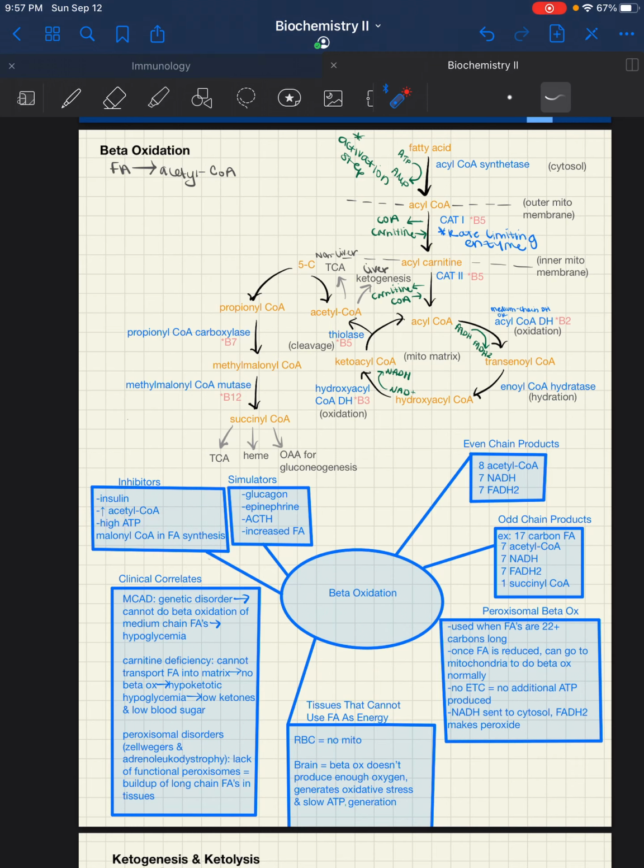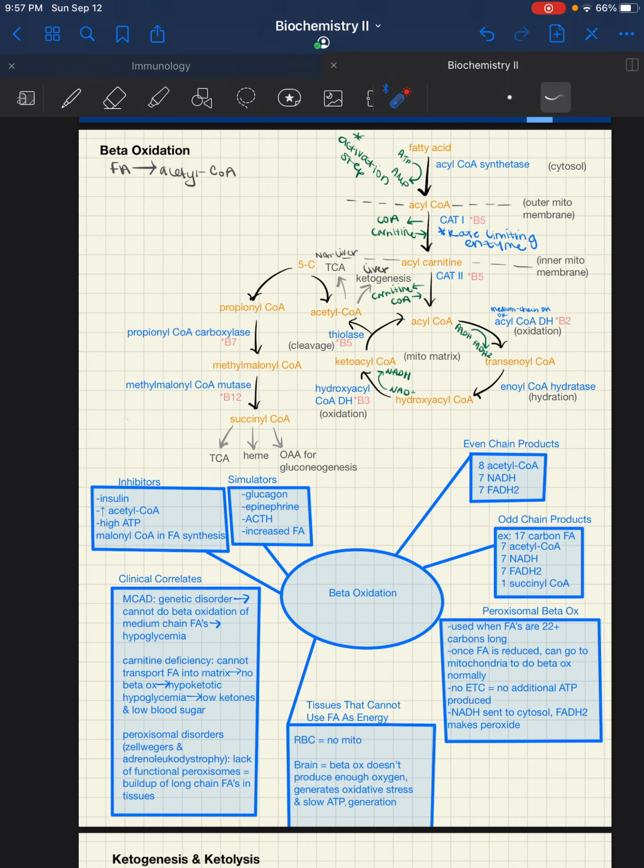High acetyl-CoA will inhibit this pathway because typically whatever the product of the pathway is, if we have it, we don't need to go through this pathway to produce it. If we have it, that means that we have done what we needed to do, and we can do something else now. We don't need to keep breaking down fatty acids to get acetyl-CoA if we have a ton of it.